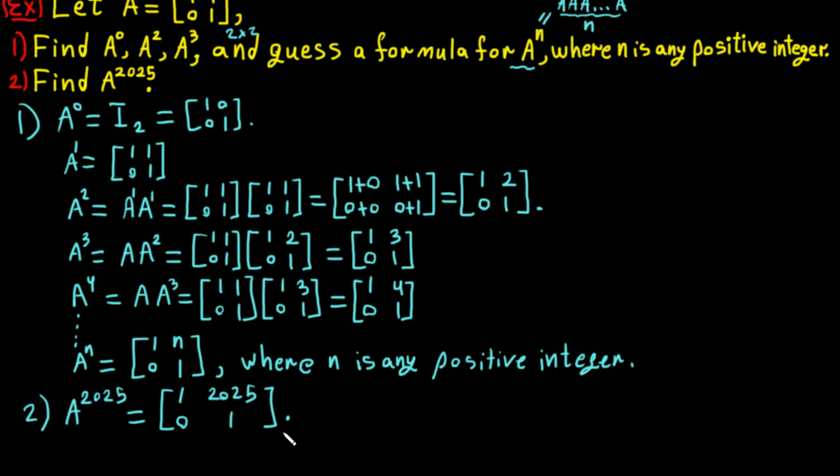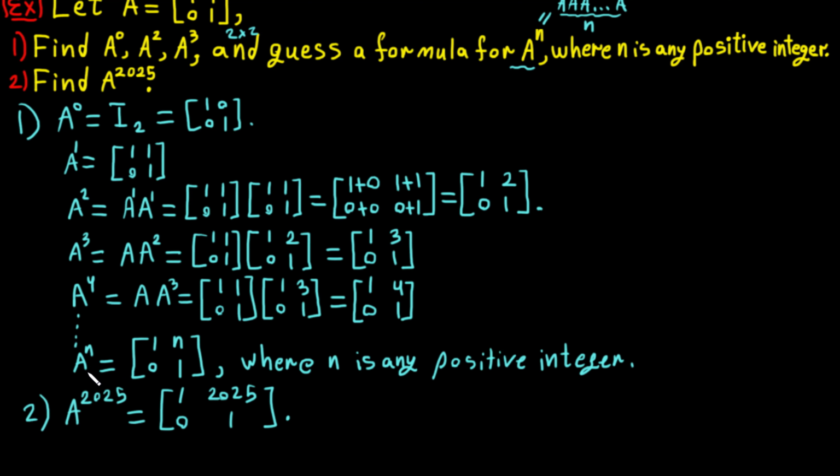In the next video we are going to find the negative power for the same problem, for example negative 2025, in the next video. And of course, this way to solve this, this guessing for the n power for A, you can find it in another way.